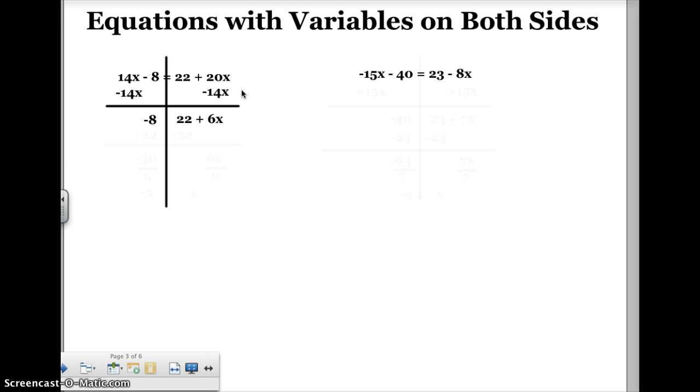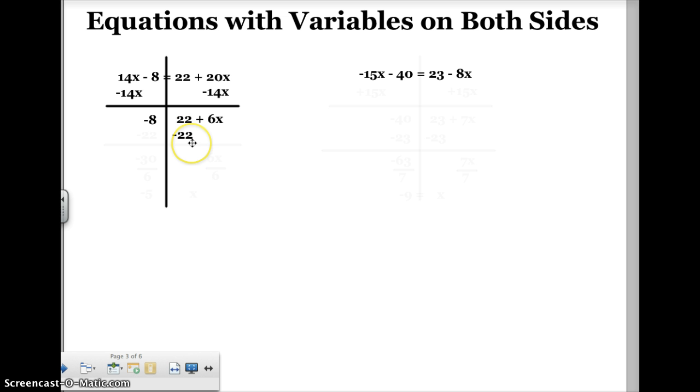Okay, the next step that I do after I get all my variables on one side of the equation is I've got to get all the numbers to the other side of the equation. Right now I have this 22 along with my 6x on the right side of the equation. I've got to get rid of this 22, and I do that by combining it with a negative 22.